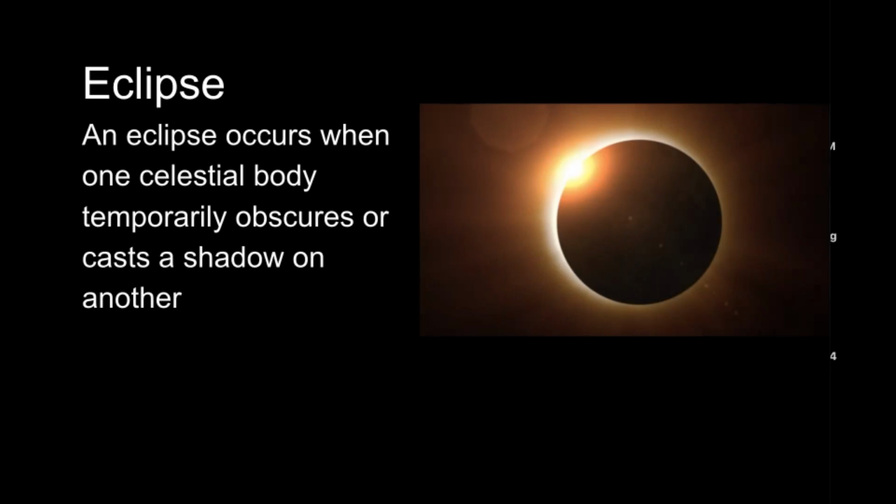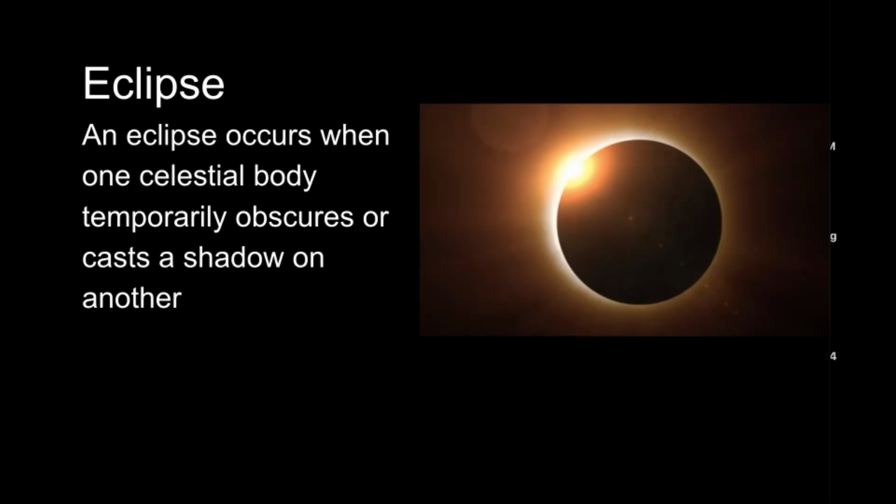You guys actually got to explore 2 different types of eclipse. Who can give me one? Do you remember which type of eclipse you explored on Monday? Robert, give me one. Solar eclipse, thank you.